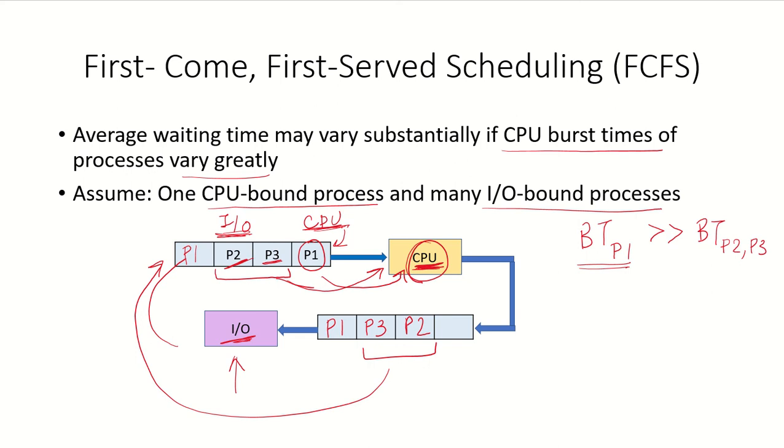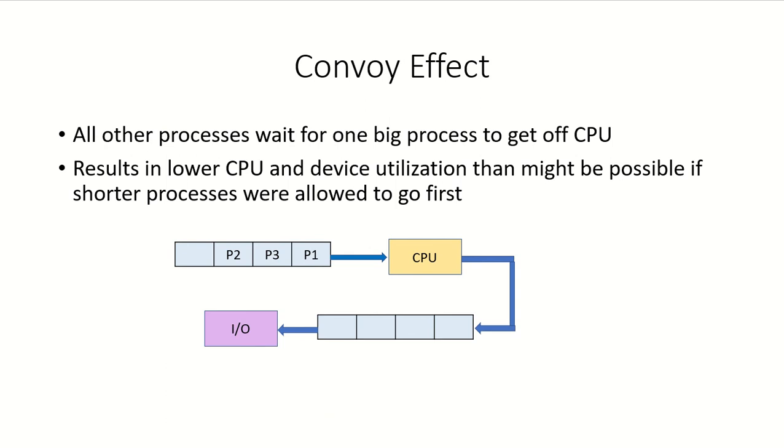So, it always makes sense to have a mix of CPU bound and IO bound processes, but FCFS becomes a problem if a CPU bound process is ahead in the line. Now all the other processes have to wait for one big process to get off the CPU.